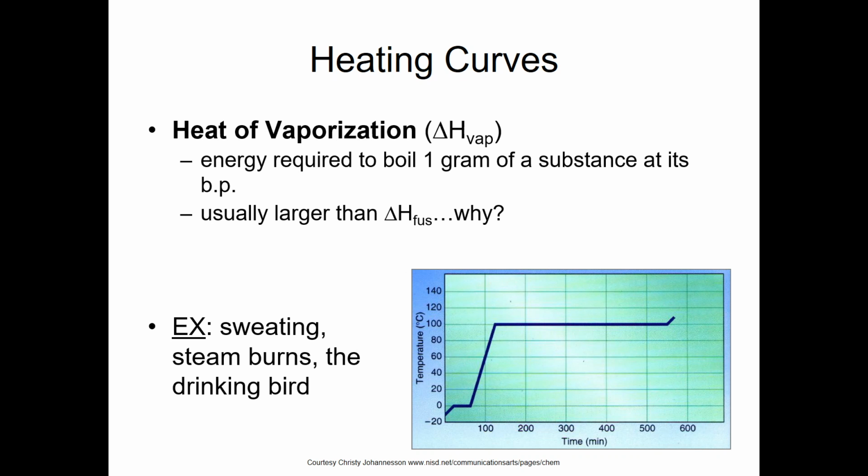So sweating, steam burning, there's a physics toy called the drinking bird that moves based on this. But we can see if you were to plot the entire time. For example, think about when you're boiling water. When we started out with ice, we didn't have to wait very long for the ice to fully melt.